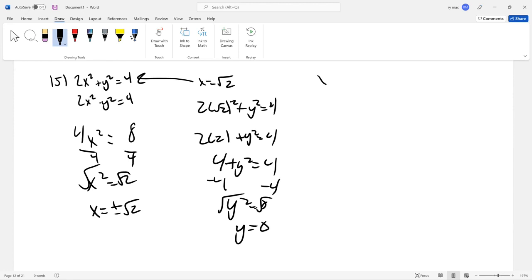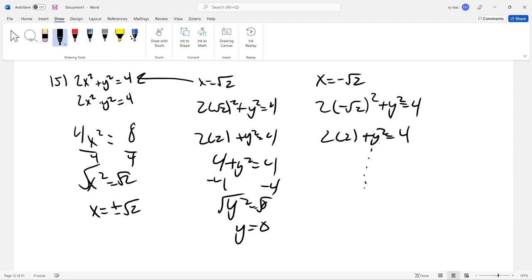Then I'll also go through the process of plugging in x equals negative square root of 2. However, just to save me some time, I'm not going to draw out all the math because you end up getting the same thing after step 1. Since it's a negative squared, you still get 2 times 2 plus y squared is equal to 4.